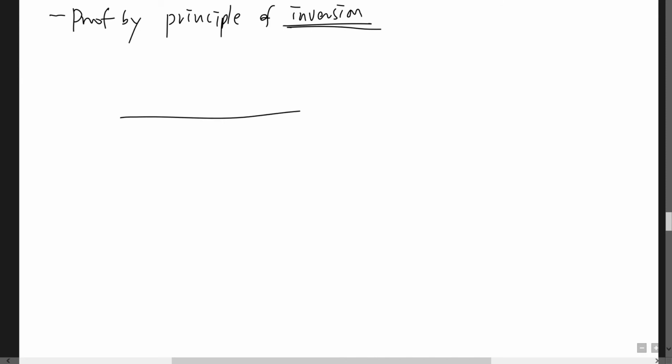The last technique that we are going to talk about is proof by the principle of inversion. So suppose that we have this inference rule. The conclusion is J, and we have premises J1 through Jn.